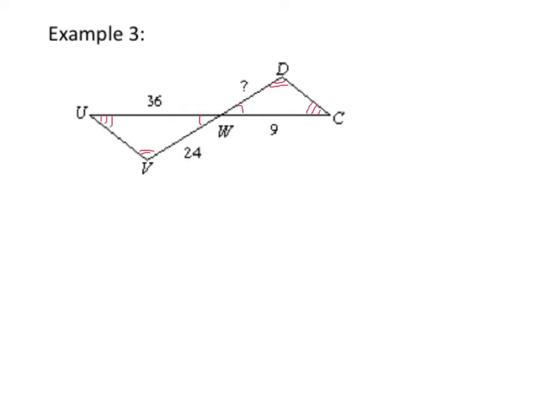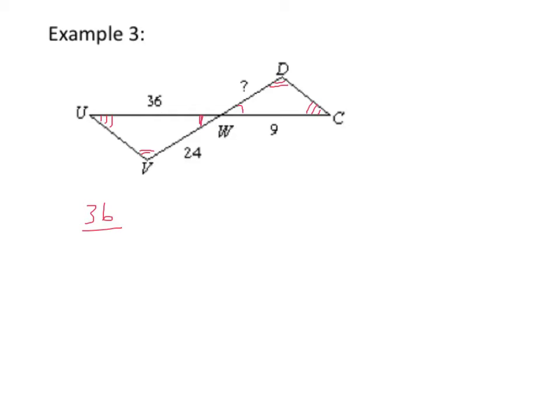Now that's important because that tells us that side 36, which is between the 1 tick mark and the 3 tick mark angle, W and U, matches up with the side in the other triangle that is between the same two equal angles.